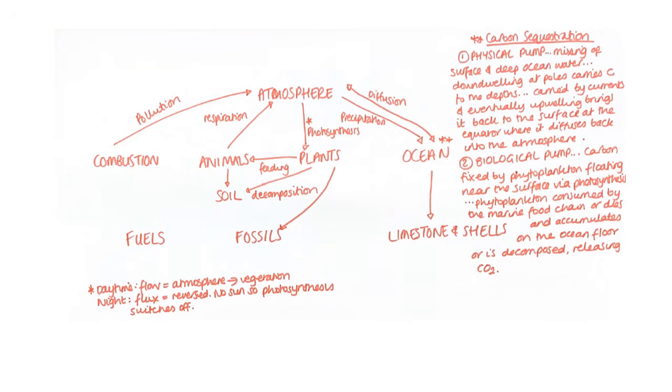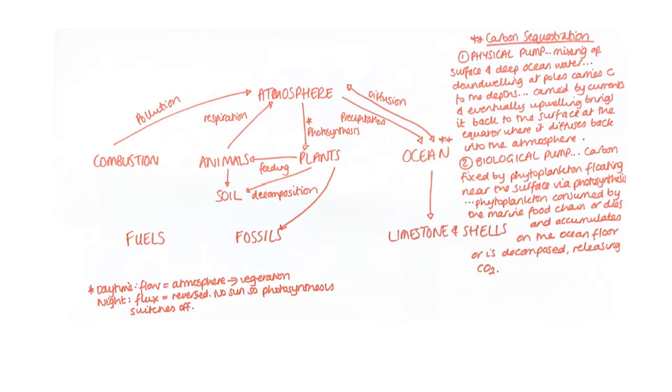So this just looks at the overall carbon cycle in just a little bit more detail. Again, start in the middle, you've got those flows of photosynthesis and respiration between the atmosphere and the biosphere, the plants and animals. You've got the movement from the plants to the animals when they eat the plants. You've got a little asterisk there to say that photosynthesis varies diurnally.